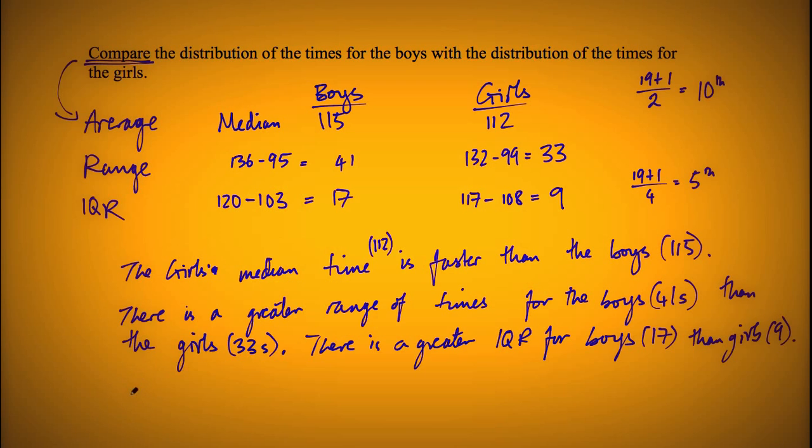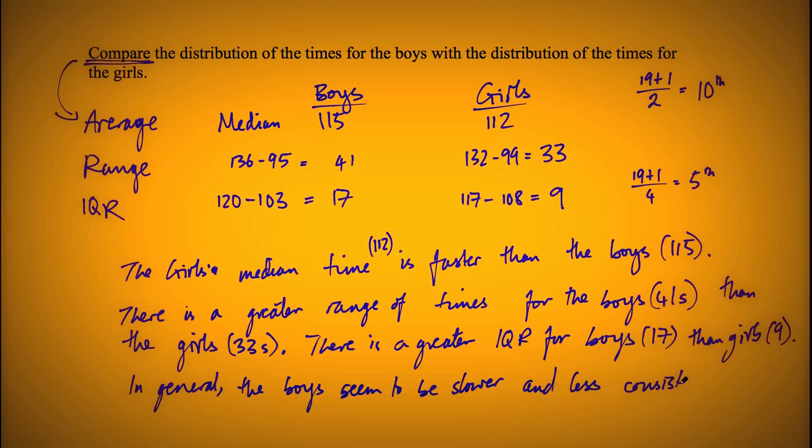As a general conclusion to that, then, the boys seem to be slower and less consistent. So slower is a reaction to the median time, and less consistent is a reaction to the range of times. The boys have a bigger range of times.